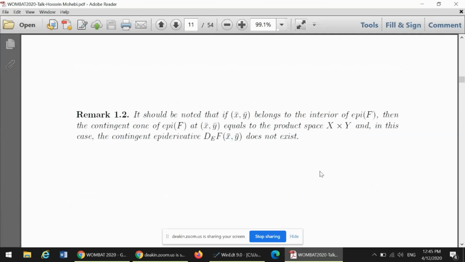In fact, if the point x bar and y bar belong to the interior of epigraph of F, then the cotangent cone of epigraph of F at x bar and y bar is equal to the whole space X cross Y. And in this case, the cotangent epiderivative of F does not exist.